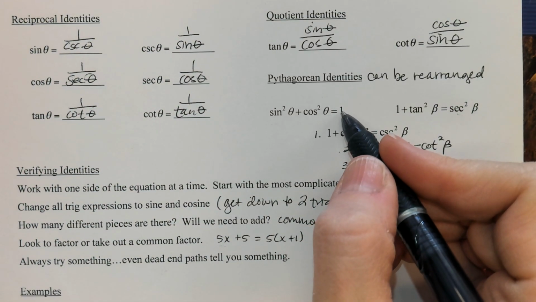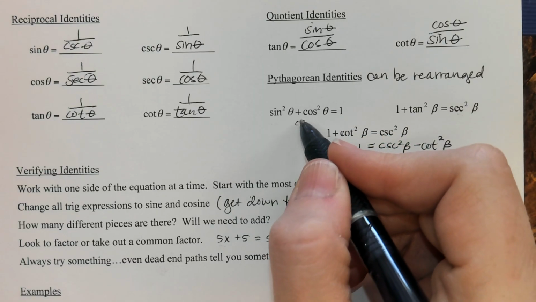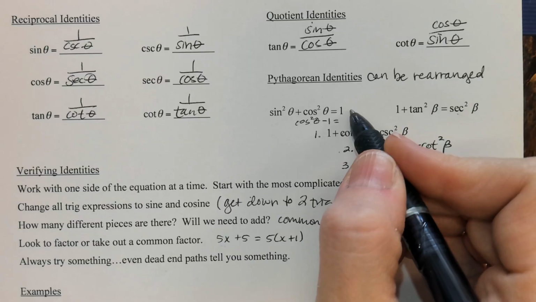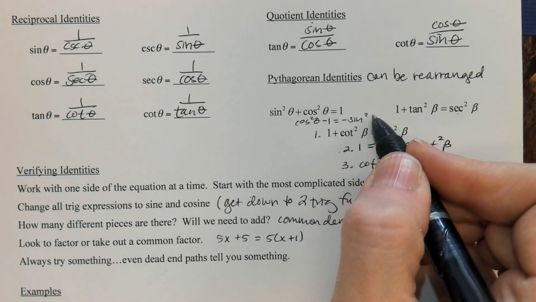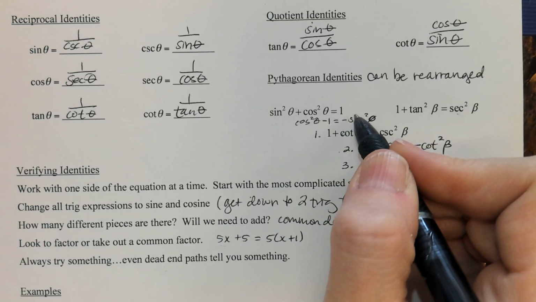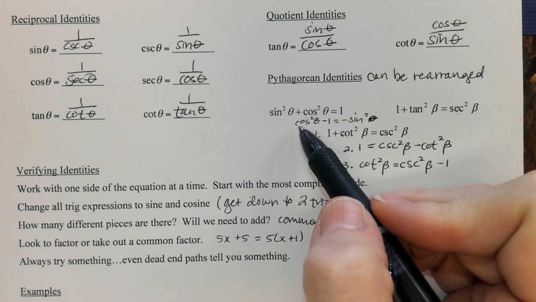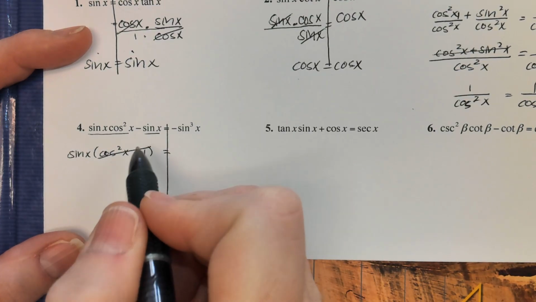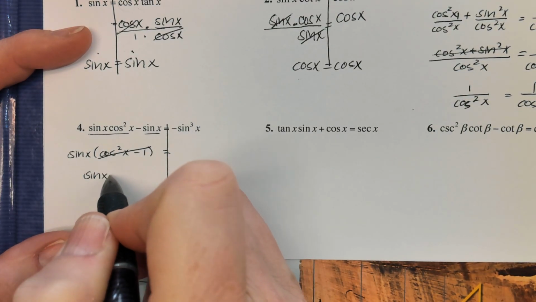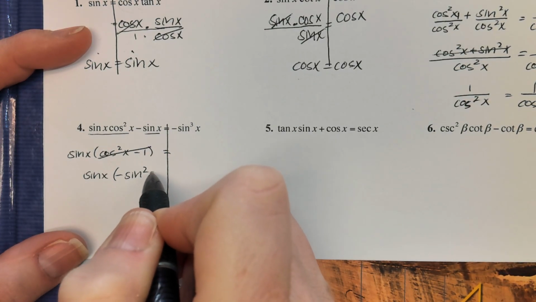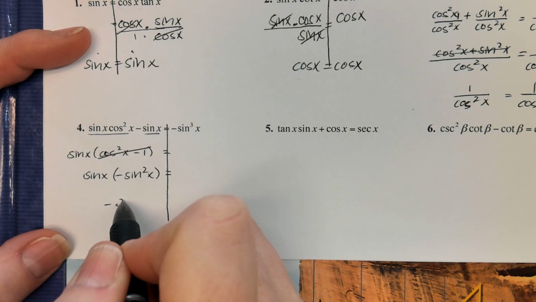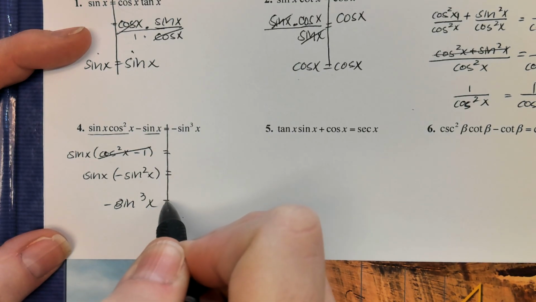So imagine algebraically if I moved the 1 over here, it would be minus, and then I would have to move the sine squared over there, and that would be negative sine squared theta. So if I could rearrange it to be cosine squared minus 1, that would actually equal negative sine squared. So this is going to come out. I'm just substituting what we just found. It would be negative sine squared. And then when I multiply these two together, I get negative sine cubed x.